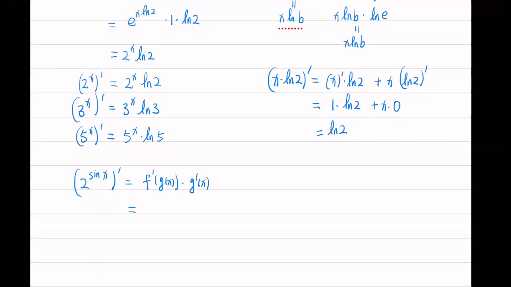So the chain rule gives us, okay, the chain continues. Then the derivative of 2 to the x is 2 to the x times log of 2, and then times sine x.